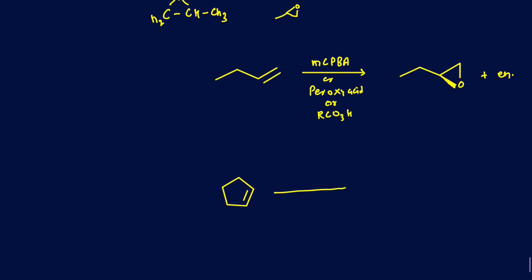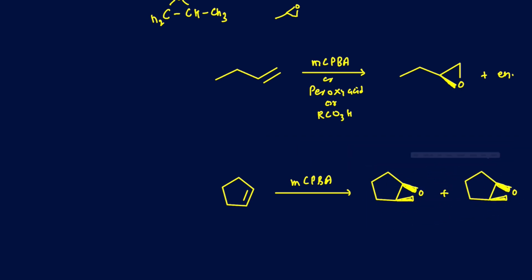But now, what if you use something similar when you have a ring? So I'm going to go ahead and use MCPBA again. So when I use MCPBA again, we're going to have the epoxide created here. And when we create the epoxide, you would either have this oxygen coming out of the page like this, or I would have another scenario where it would be going back in the page.